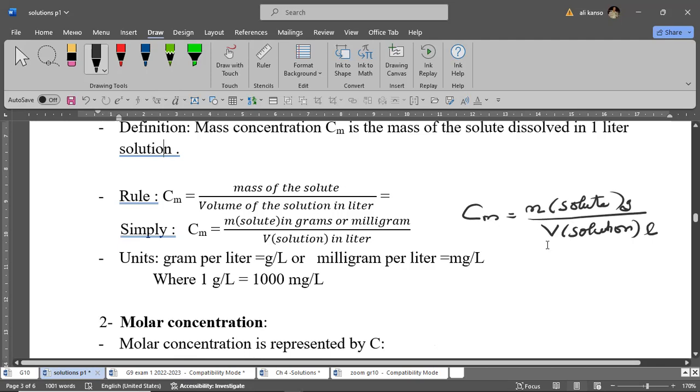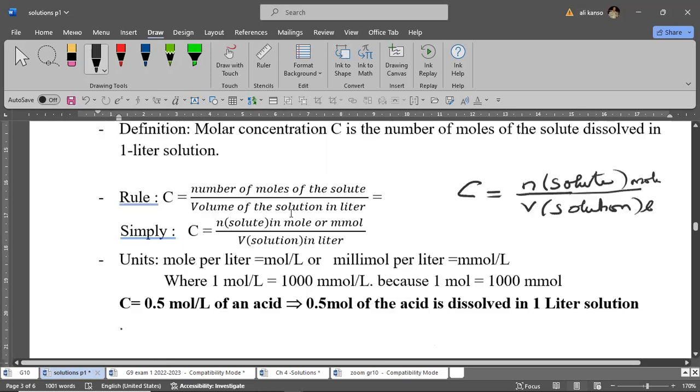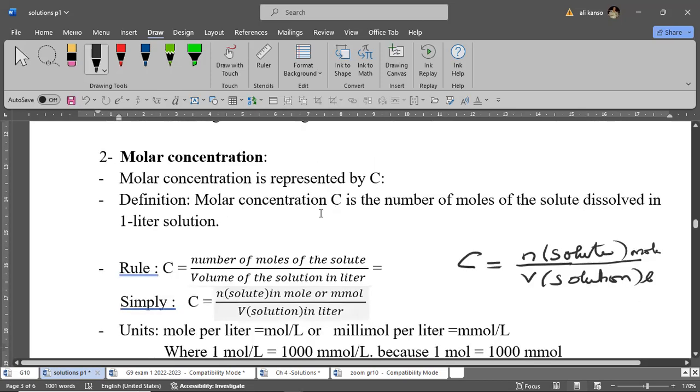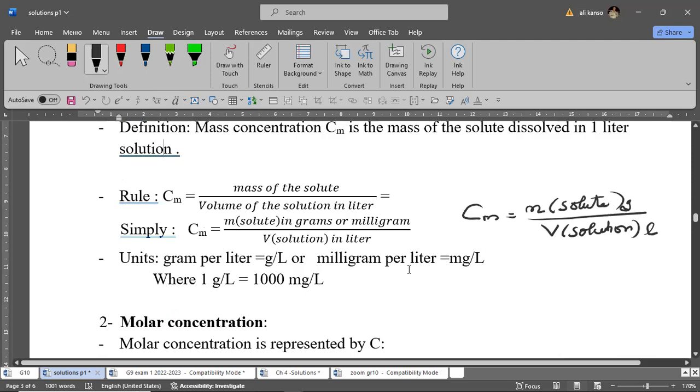C mass over volume. And if we have to find the molar concentration, and I ask you to find the number of moles of the solute dissolved in 1 liter of solution, you have to answer me by this rule. And then the unit. What is the unit of both?